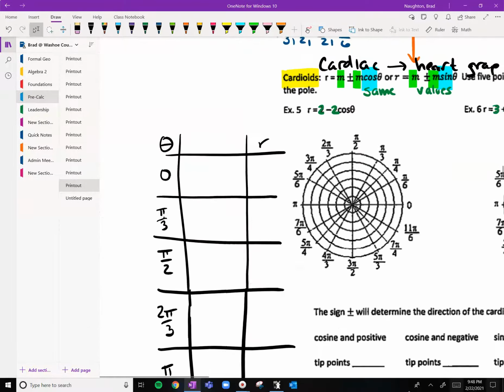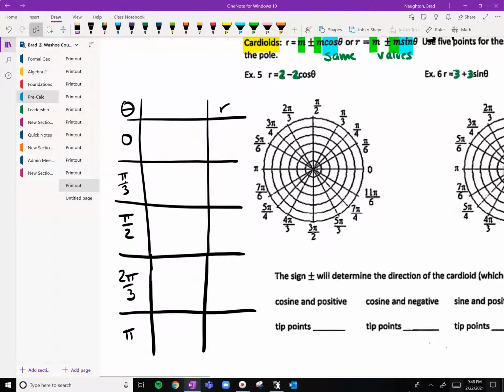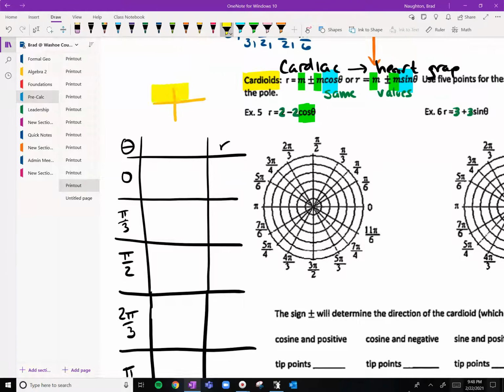So let's go ahead and get started. We're going to start off by making another table. If I take a look, I am indeed in cosine land. Since I am in cosine land, we're going to be in quadrants 1 and 2.